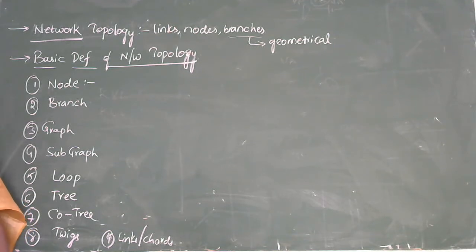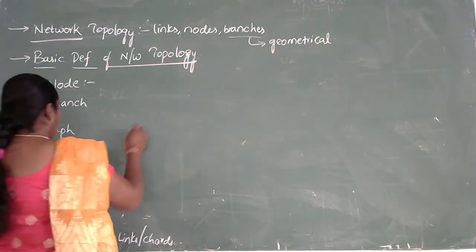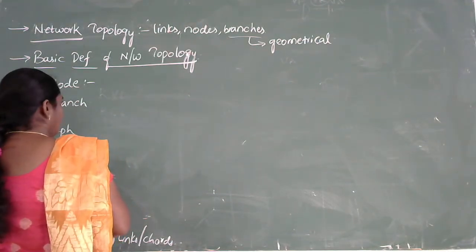Here I will take a circuit, and that electrical circuit needs to be replaced with a graph. There are some steps for converting an electrical circuit into a graph. Let me take an example of an electrical circuit.